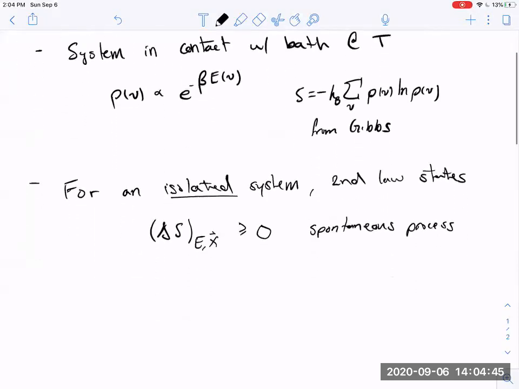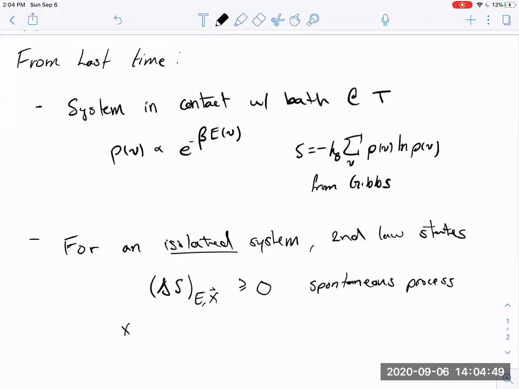We do not, at this point, have a statement of the second law for a system that can exchange energy. That's something that we'll work towards today.